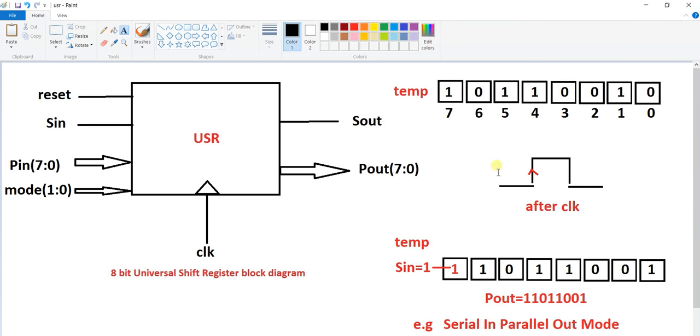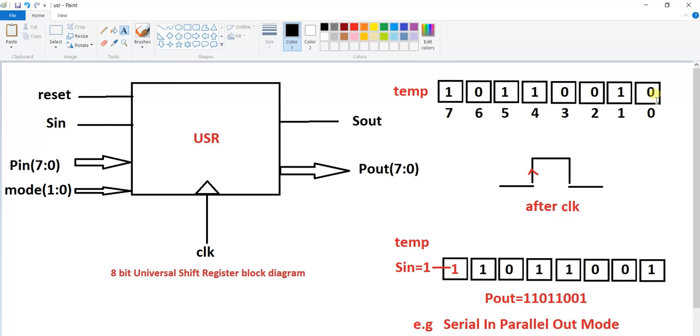And do you know what the operation of a shift register is? Suppose this temporary variable has this data, 10110010. As our shift register is positive edge triggered, at the positive edge of the clock, consider the serial input parallel output mode. Our serial input is 1. After this positive clock, the 0 to 7 data is shifted to the right side.